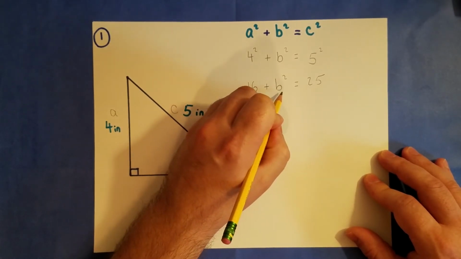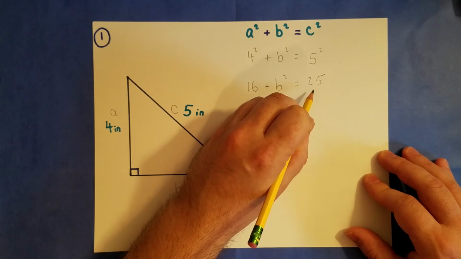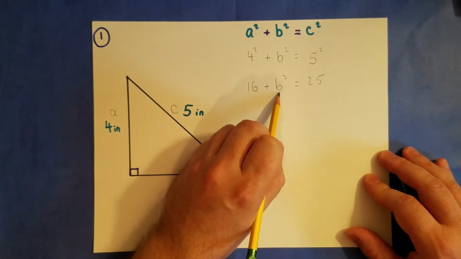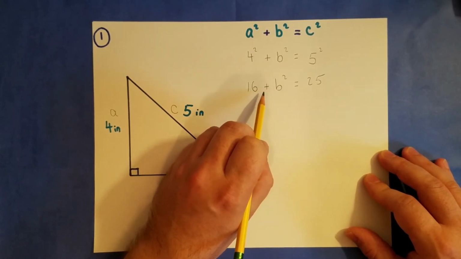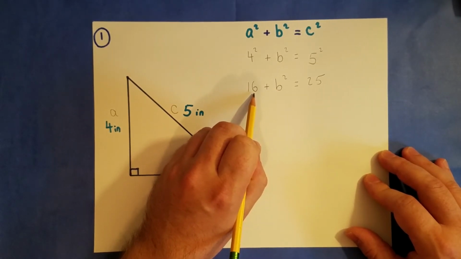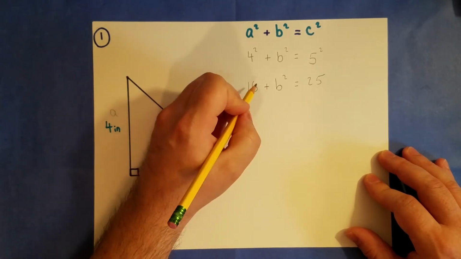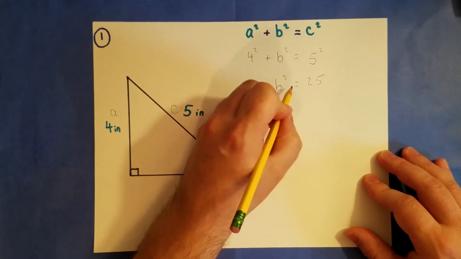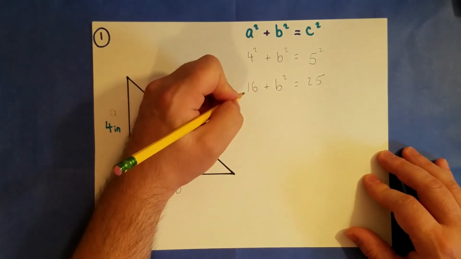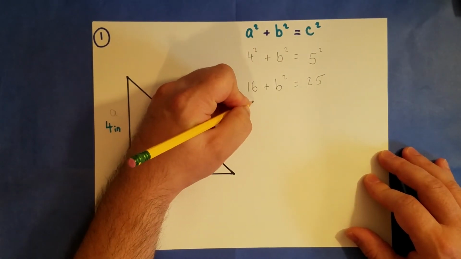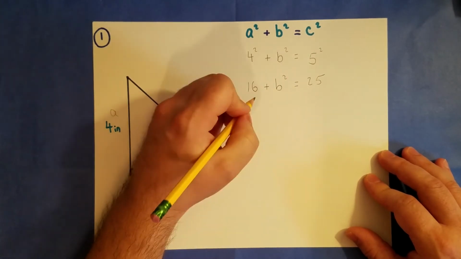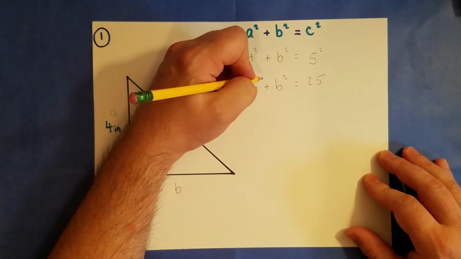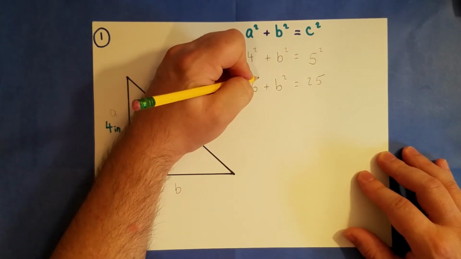16 plus B squared equals 25. So remember, B is my variable, and I want to isolate that. I want to get that by itself. So what would I do with 16? Some might say we bring it over the bridge of change, which would be that equal sign. Some would say that we just subtract 16 from both sides because it's a positive 16. I'm going to go with that bridge of change model because that's what we've been working with all year.